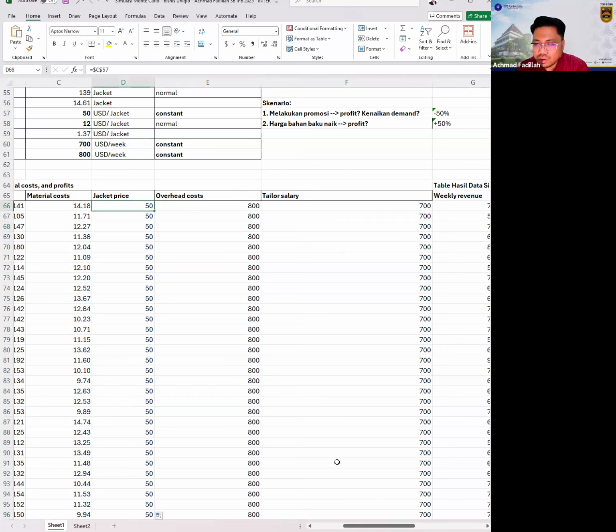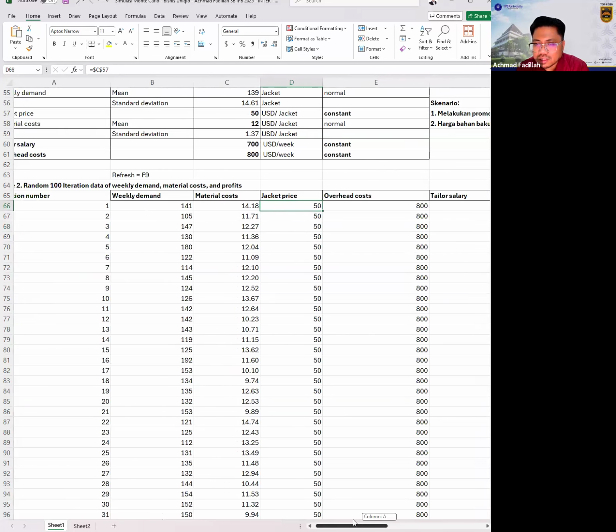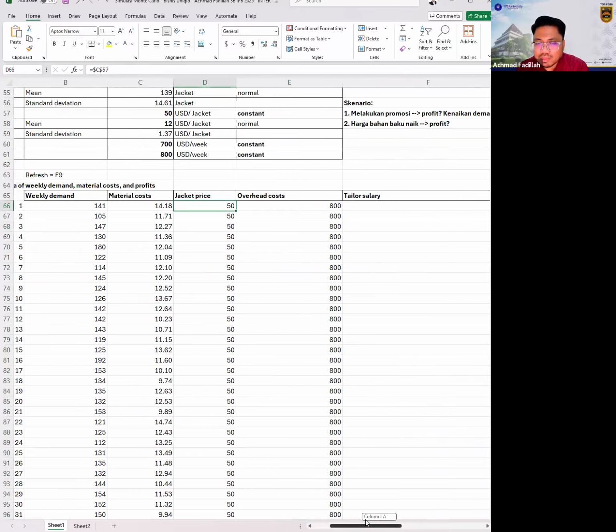And then you already get this data for weekly demand, material cost, jacket price, overhead, and Taylor salary.